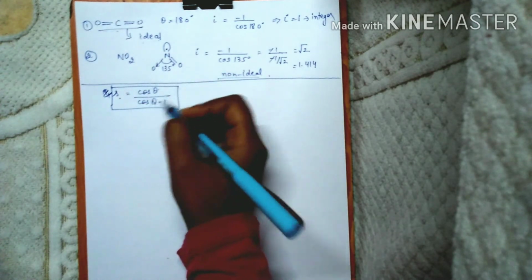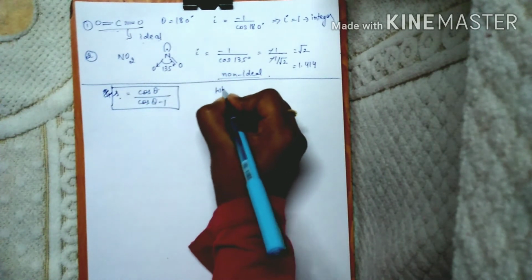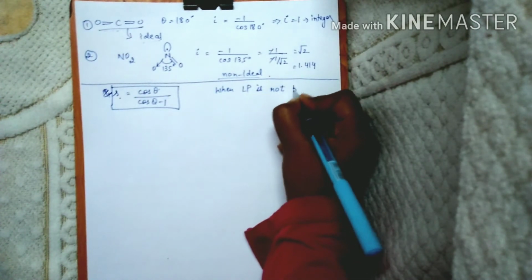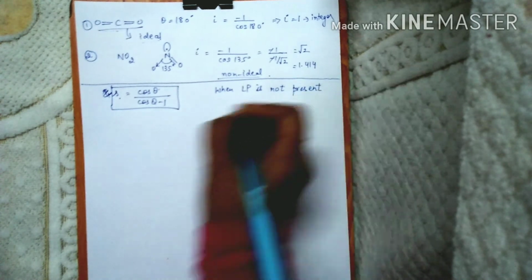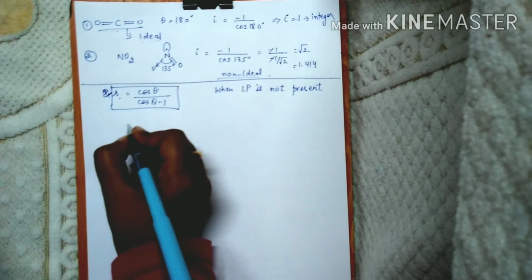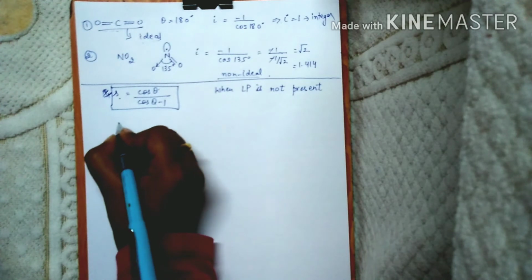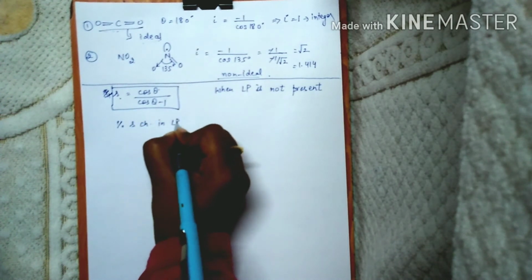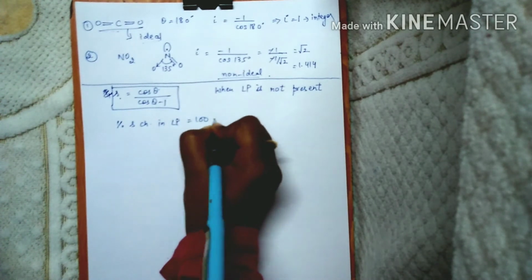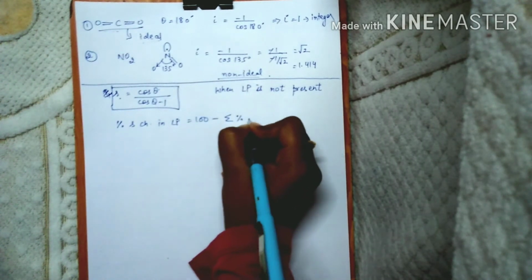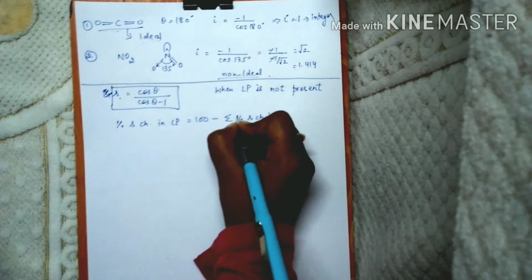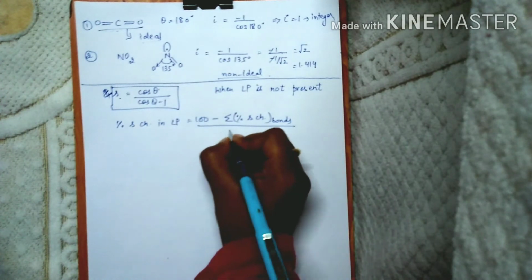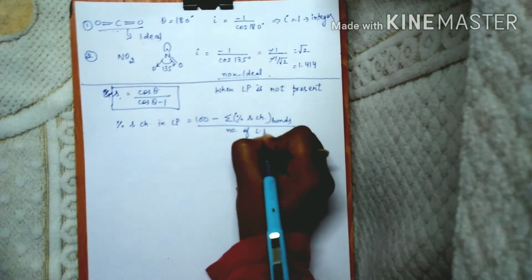All of these formulas are applicable when a lone pair is not present. If a lone pair is present, then percentage S character in the lone pair will be equal to 100 minus sigma percentage S character in the bonds, upon the number of lone pairs.